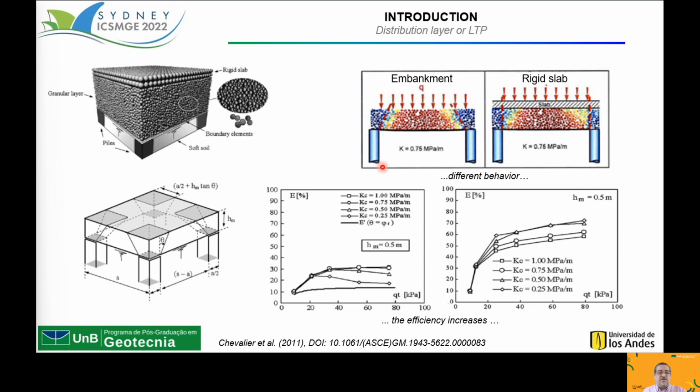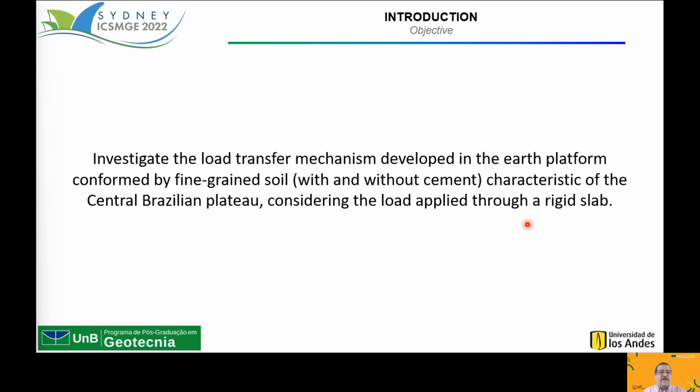Also, they demonstrate that the efficiency of the system increases a lot when a rigid slab is included. Then the objective of this work is to investigate the load transfer mechanism developed in the earth platform formed by fine-grained soils with and without cement, characteristic of the central Brazilian plateau, considering the load applied through a rigid slab.